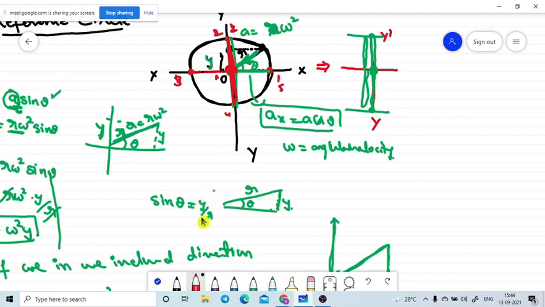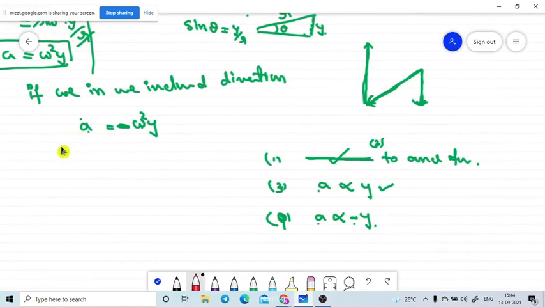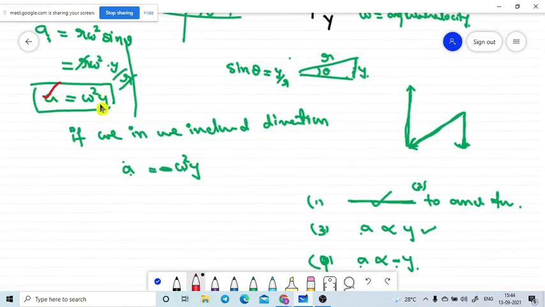Now for the third condition, just now we derived this equation. This acceleration is directly proportional to the displacement of the particle with some constant, so the third condition is also obeyed. Please look at this: the displacement direction is upward, but the acceleration direction is downward. They are always opposite in direction.